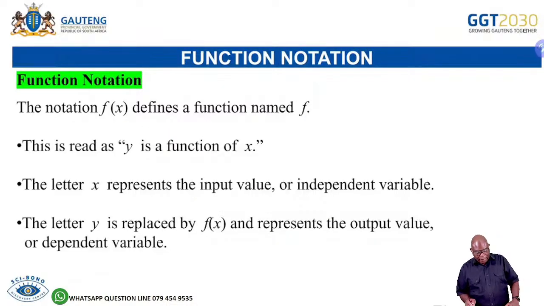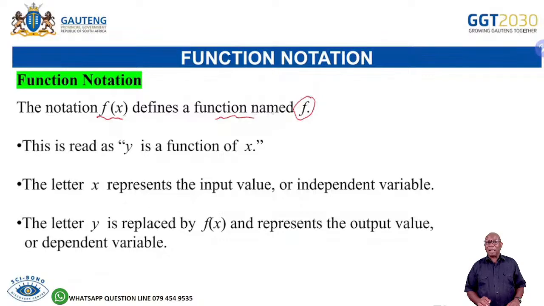Now, the function notation. We've done this when doing polynomials, but we're just quickly revising it. The notation f of x defines that function, and that function is named f. This reads: y is a function of x.